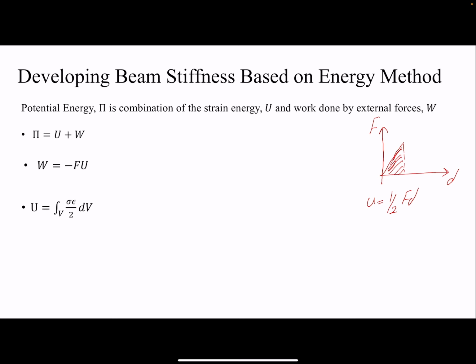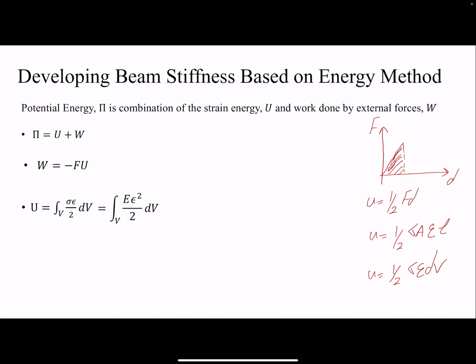If I replace force by the stress sigma times A, and the displacement by epsilon L, I can group A and L and call them V, or if you want to take an integral, dV, and that would be our strain energy.